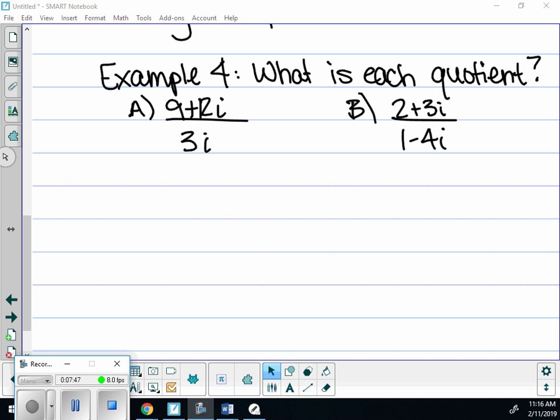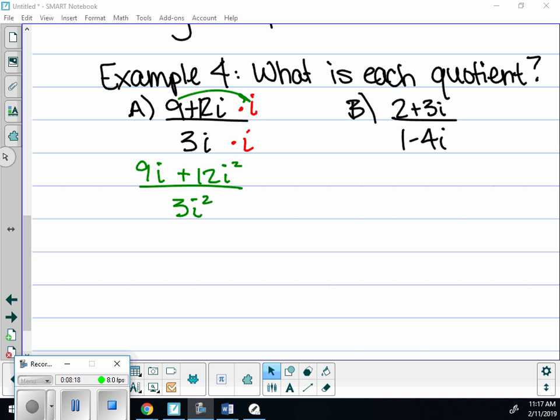Now, if you just have a single i in the denominator like A, we can just multiply by i. Which is going to give me, distributing, 9i plus 12i squared divided by 3i squared.